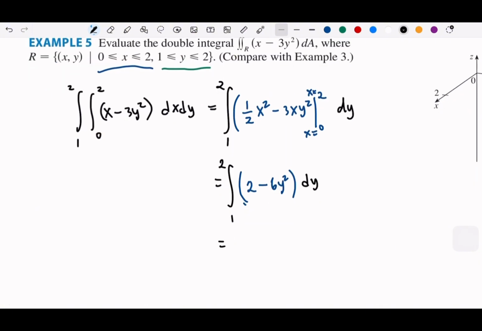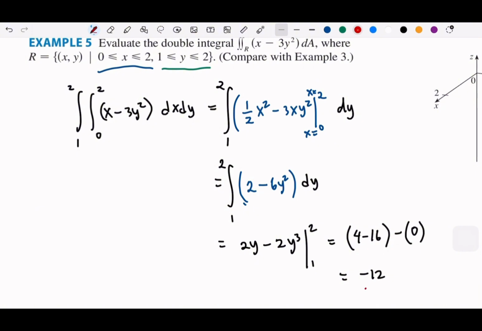And then integrating with respect to y, this will be 2y minus 2y cubed from 1 to 2. This is 4 minus 16, minus 2 minus 2 is 0. So this will be negative 12.